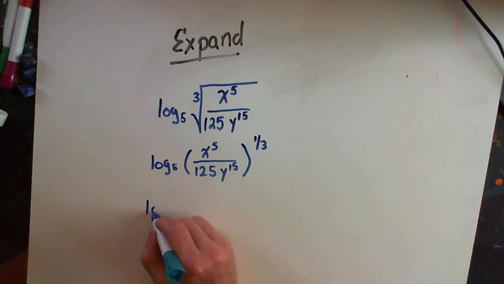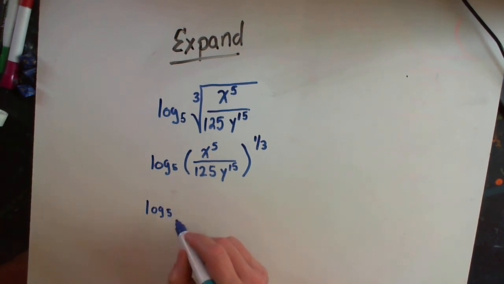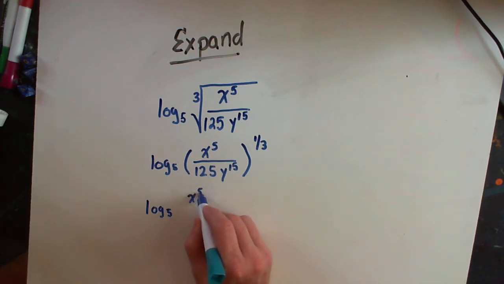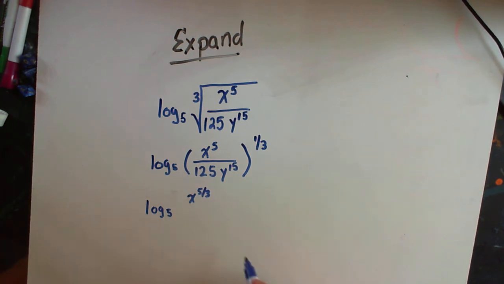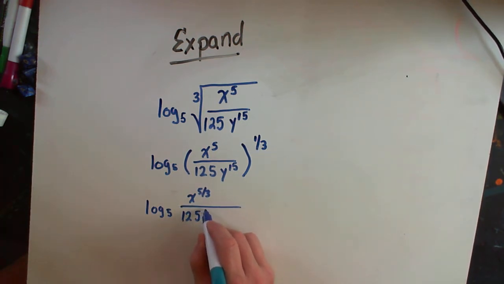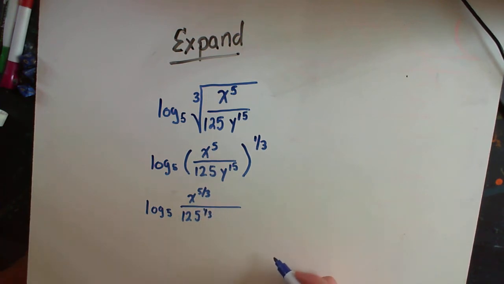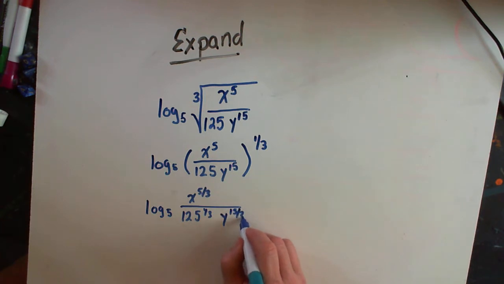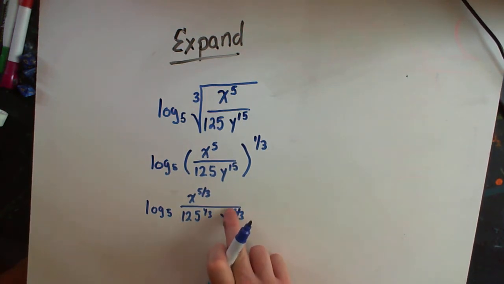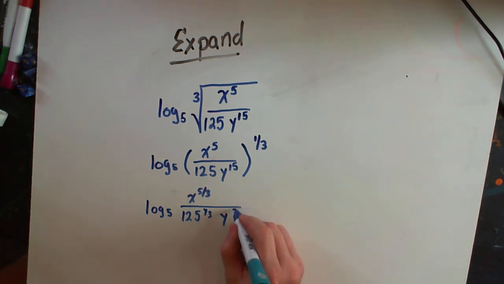So we will have log base 5 of x to the 5/3 divided by 125 to the 1/3 times y to the 15/3. Go ahead and reduce things. So that's just going to now be y to the 5th.